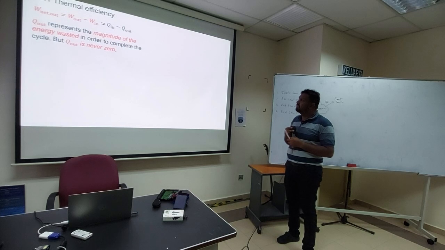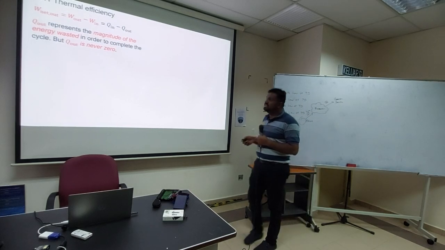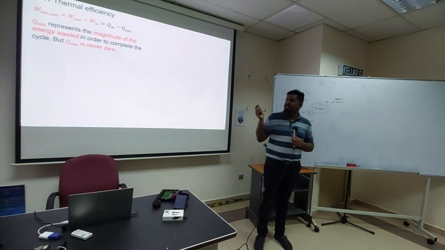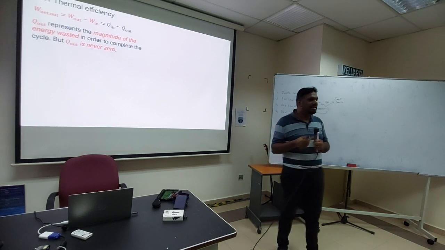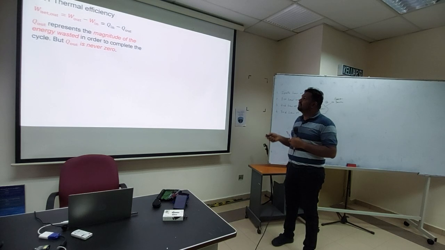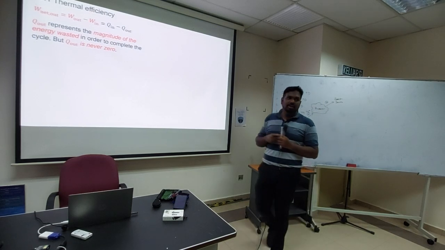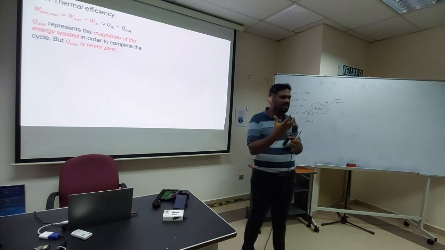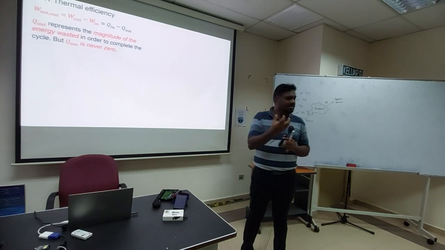Okay, so I am finishing with this. Thermal efficiency: we studied this in chapter 3, last part. So what is efficiency? It is how much of the heat is preserved.